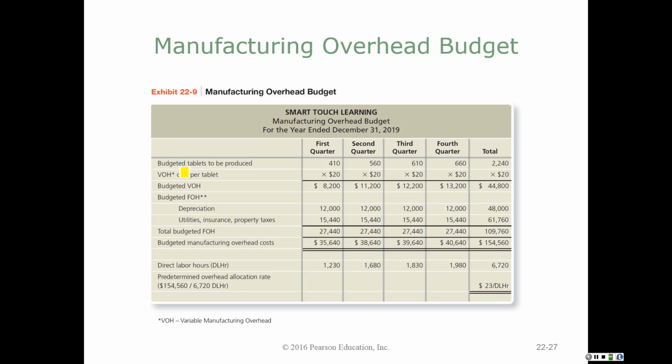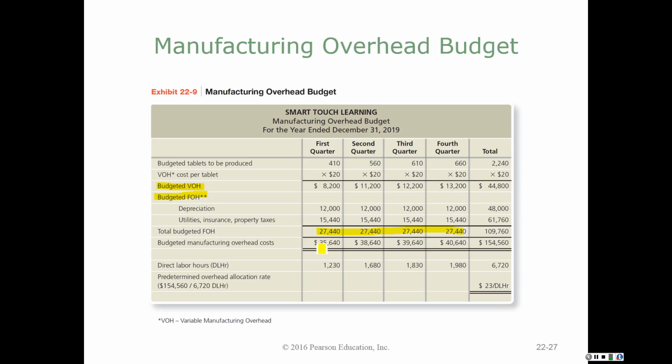Now, the variable overhead rate, we've got two different kinds of overhead, variable overhead and then fixed overhead. Our budgeted variable overhead is simply the number of tablets that we're going to produce times our overhead rate. The budgeted fixed overhead, depreciation, utilities, property taxes, isn't going to change. $12,000 per quarter for the depreciation, $15,440 for the other, and so you can see that the total fixed overhead doesn't change from quarter to quarter.